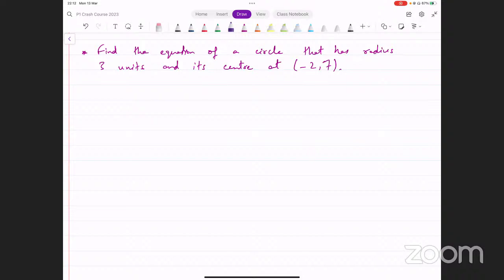It's x minus a whole squared plus y minus b whole squared equals r squared. It's not given in the formula sheet, so you have to memorize this.